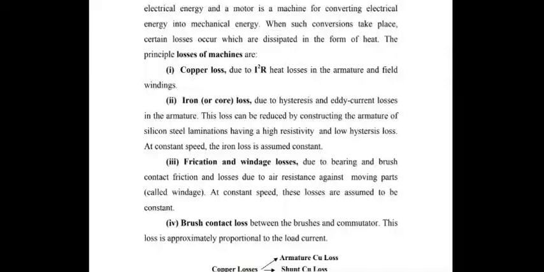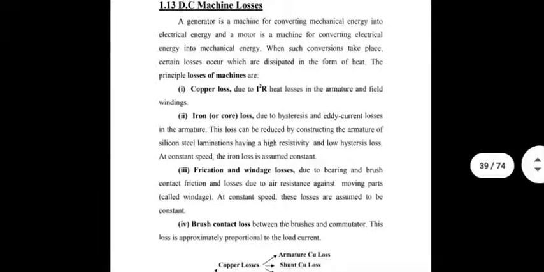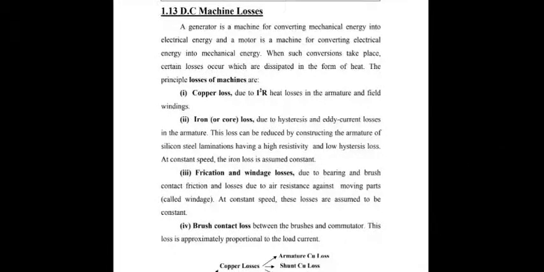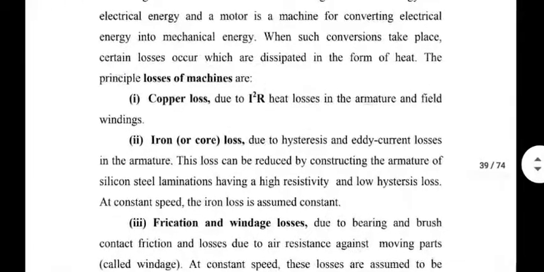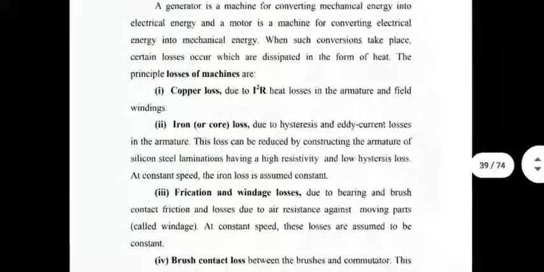If nothing is given, you assume that brushes have no losses. But in general, brush contact with the rotating part produces some voltage drop. That is an additional loss as well. And the other three are what we have already discussed in the previous document: copper loss, iron loss, and mechanical losses.